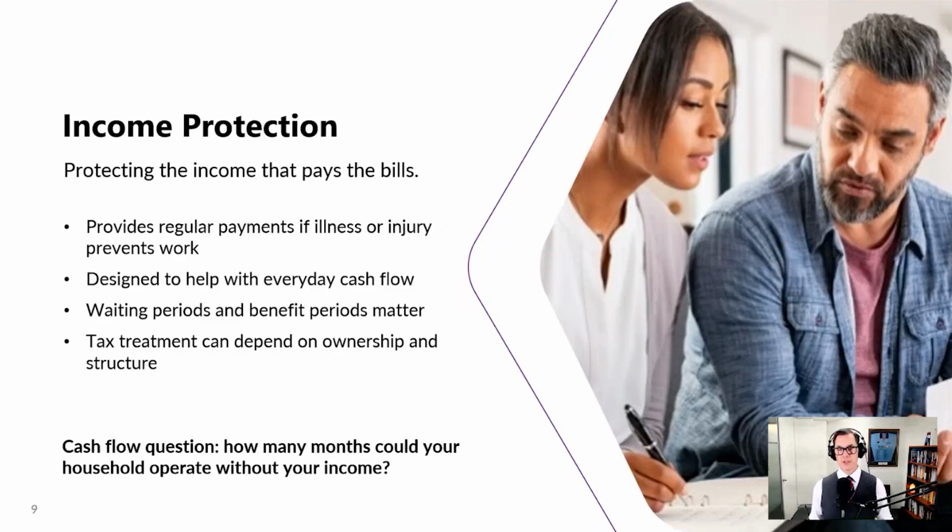Next one is income protection. This is an insurance that I think is kind of misunderstood. And we're going to go through it in a little bit more detail. But basically, the idea behind income protection is that it is a replacement for your income if you're unable to work due to an accident, an injury, some sort of illness that prevents you from working.